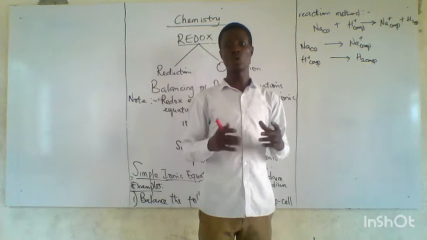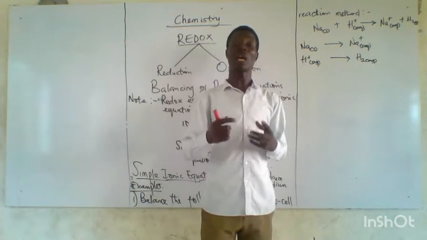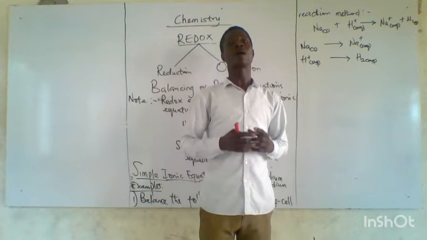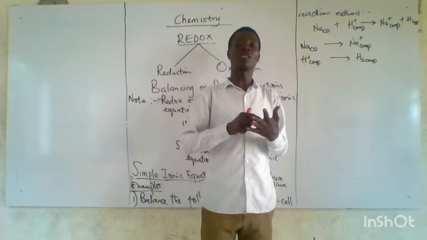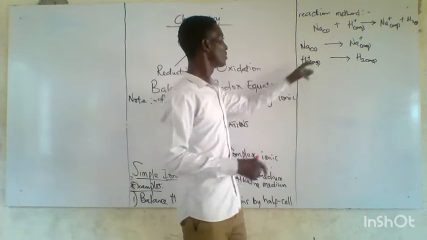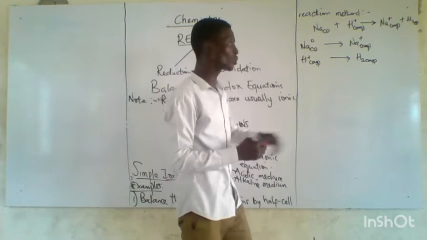When will I also know if an element is gaining electron, so that I can identify it as what? Reduction. Does that make sense? So I can only know when I observe that there is an increase in value. If, for instance, I have 0, so the charge here is 0, 0 to what?